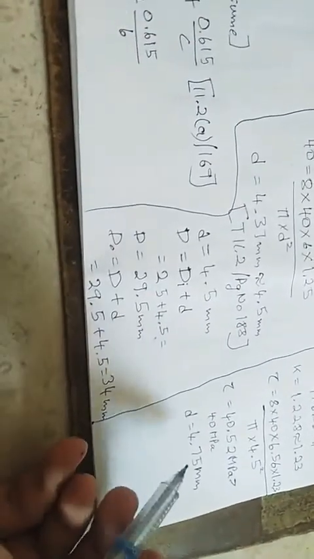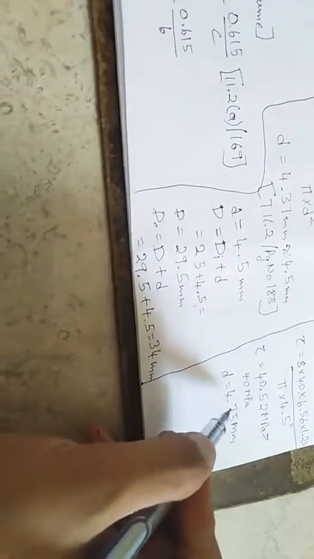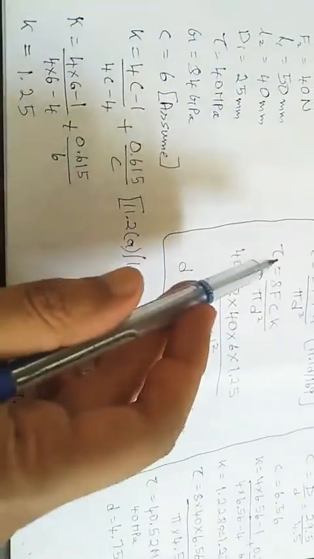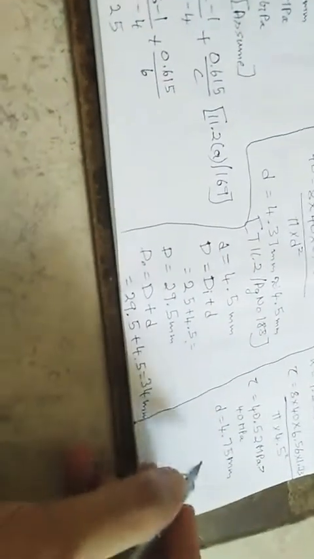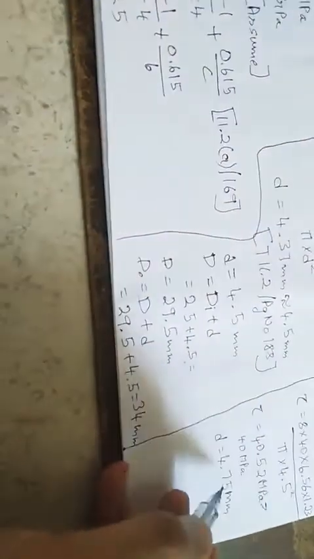So I have given the increment as 0.25 mm. Now again we'll consider this diameter and we shall recheck the value of shear stress. So d is 4.75 mm.